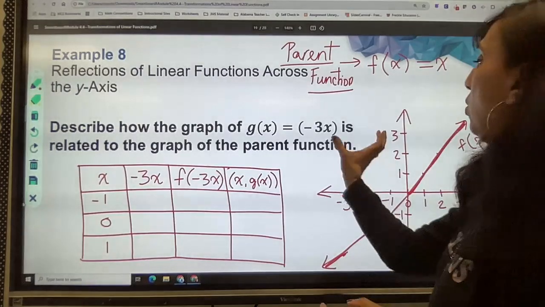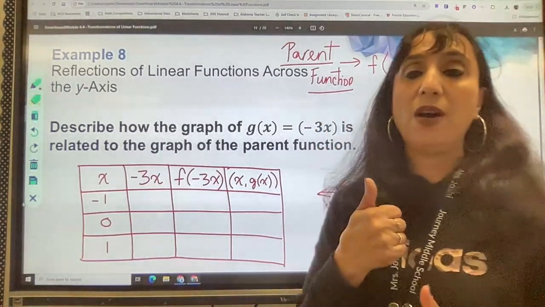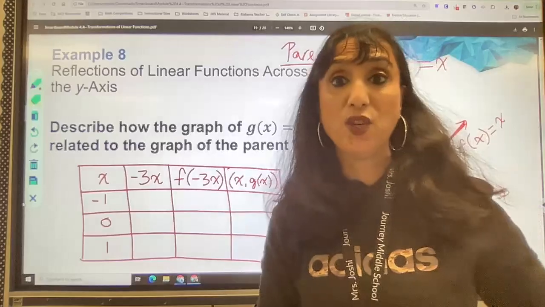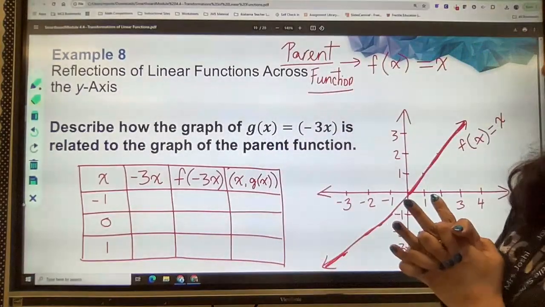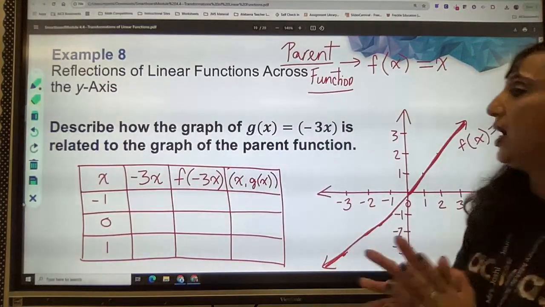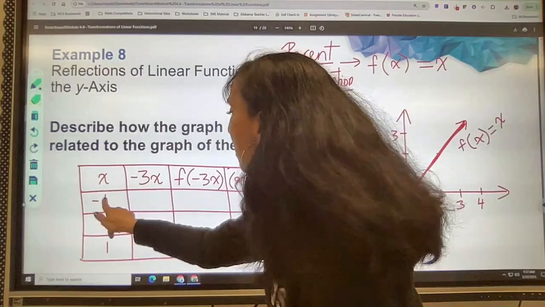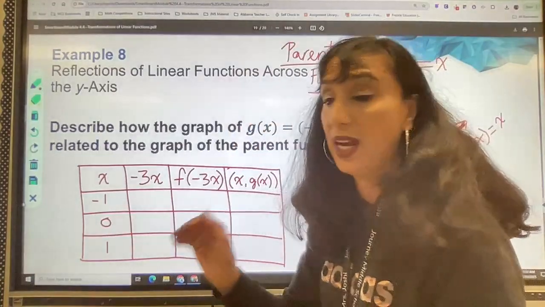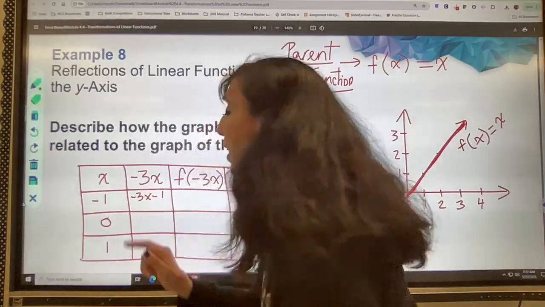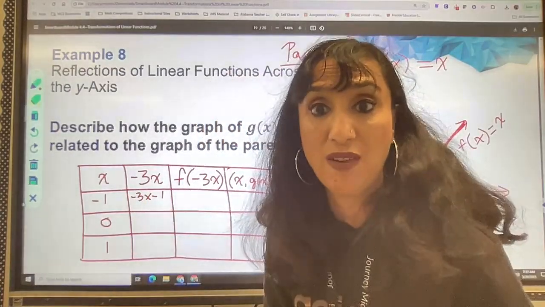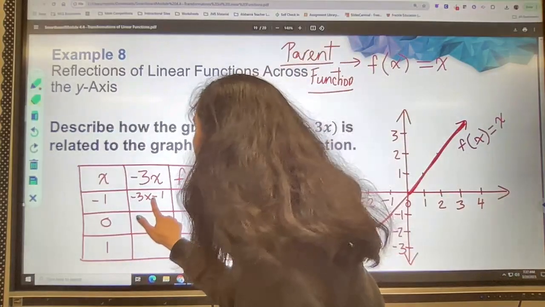And so now we know that because it's grouped, that's the operation that we are going to perform first. And so negative 3 times negative 1 over here, because negative 3 times x, right, negative 1. Negative times negative is going to give me positive, and that gives me 3.